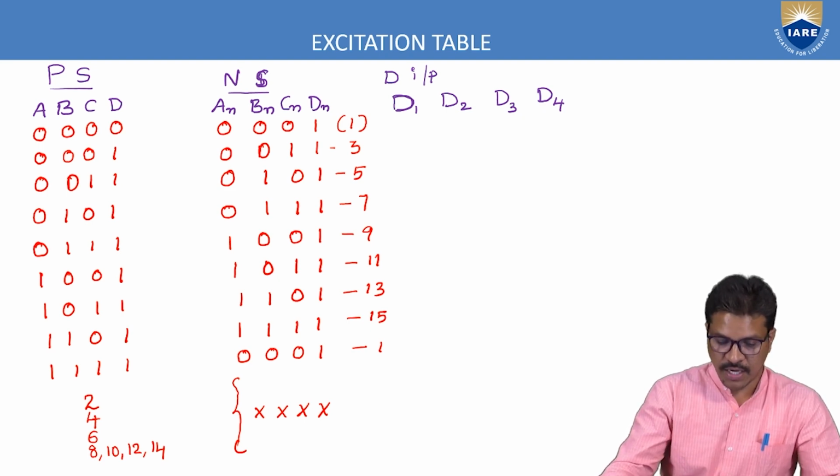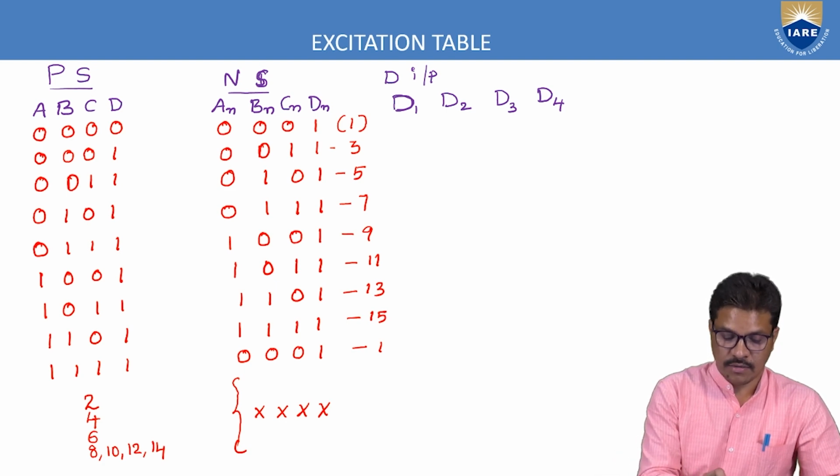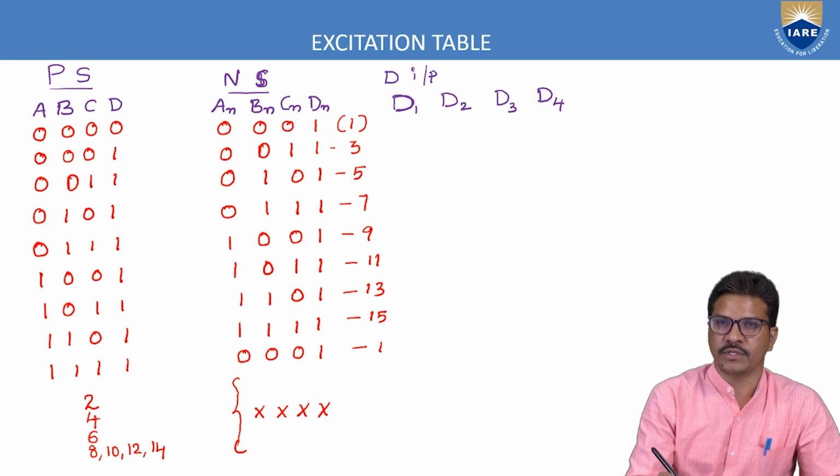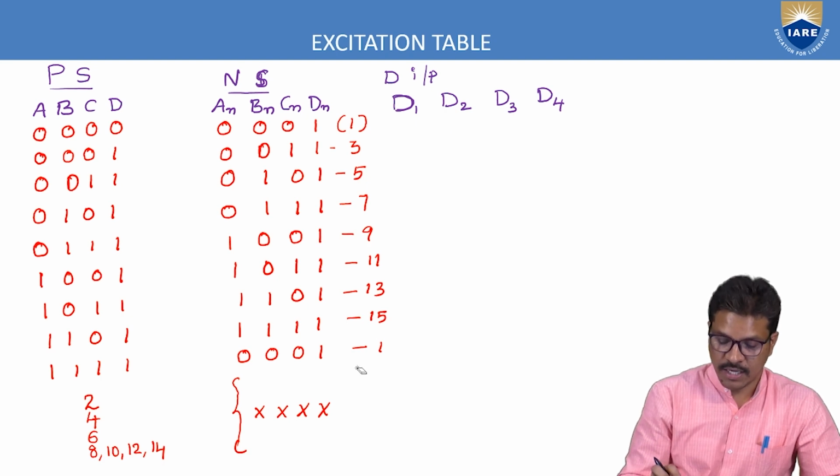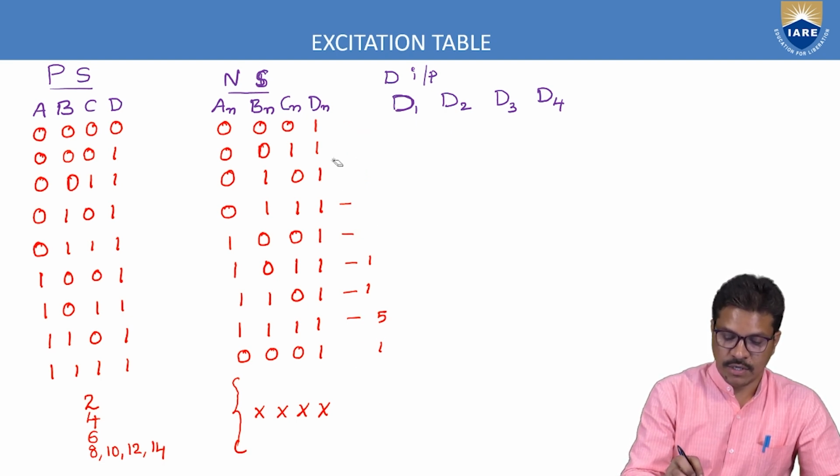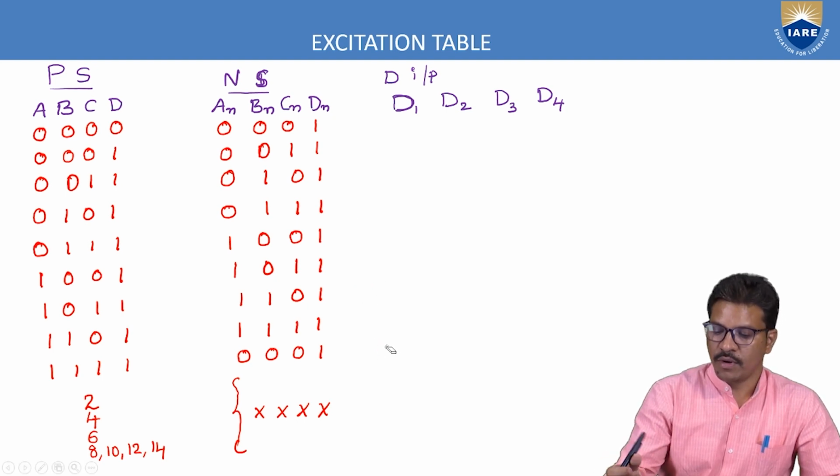Next, once we find the excitation table, creating the present state and next state, with the help of the excitation table we fulfill the D flip-flop inputs. One simple logic for the D flip-flop input: in the excitation table, for example Q is the present state and Qn is the next state.